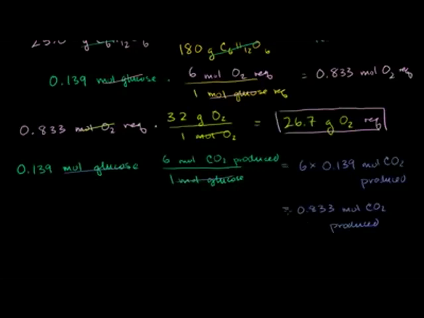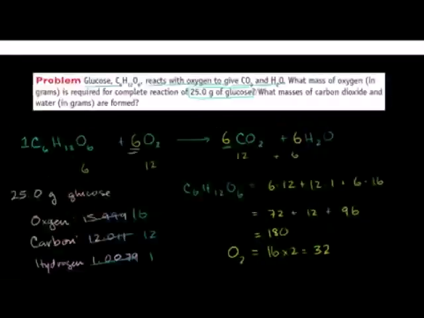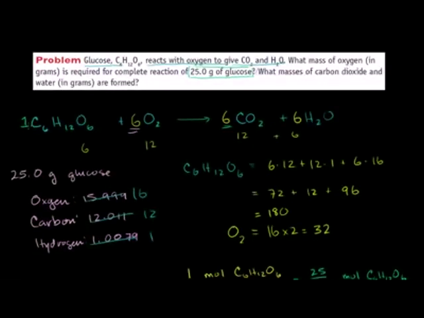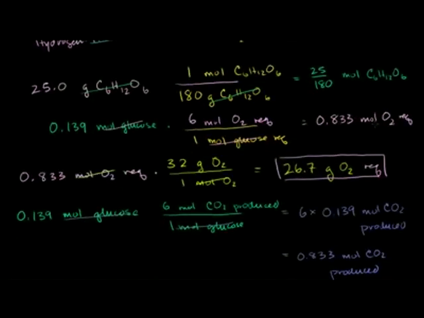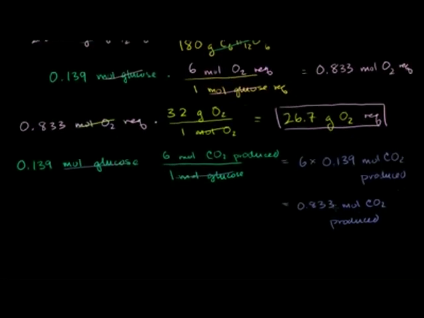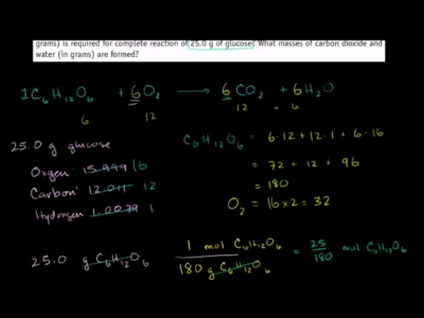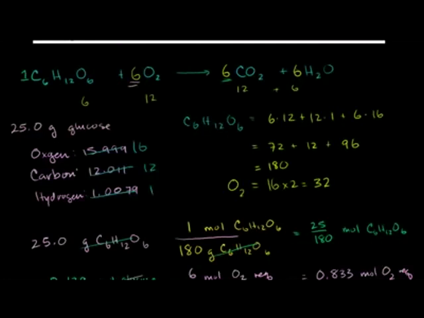And actually, we could even, well, I won't skip too many steps, but we see over here, for every 1 mole of glucose, 6 moles of this, 6 moles of this, and 6 moles of that. So that's why we had the 0.833. We had the 0.833 moles of oxygen, and we're also getting the 0.833 moles of carbon dioxide. If we did the exact same thing, we would perform the exact same calculation.